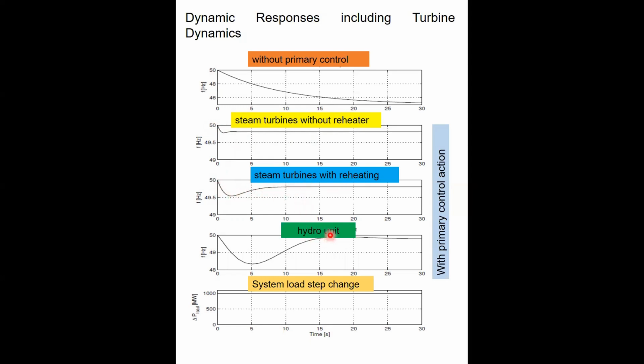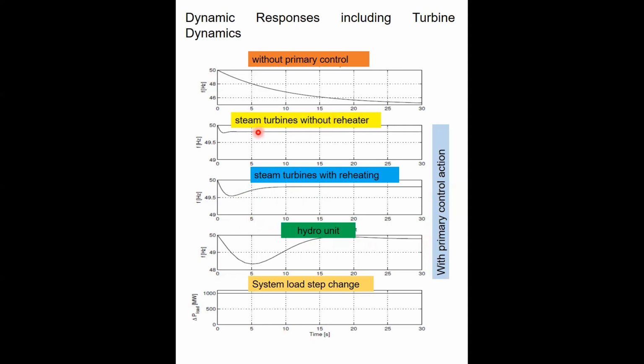And for the case of the hydro unit, it also shows the amount of step load change here. With this much step load change applied, the frequency deviation for each of the different turbines with primary control action is different here.